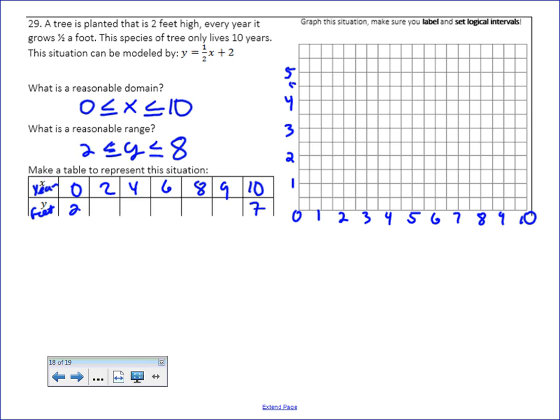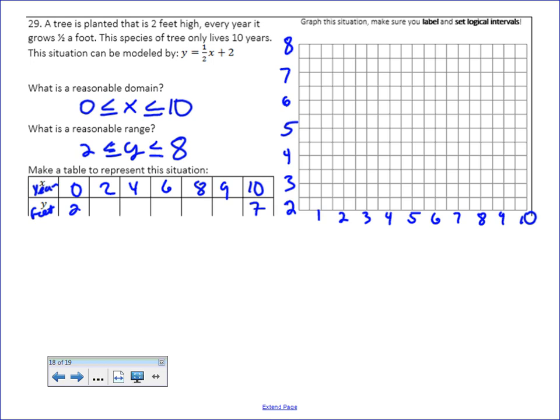Well, I can't fit the whole thing in there, can I? But I'll go ahead and do that, and we'll just have 10 go off. Oh, you know what? I don't need to start at 0. So I can start here at 2, 3, 4, 5, 6, 7, 8. There we go.